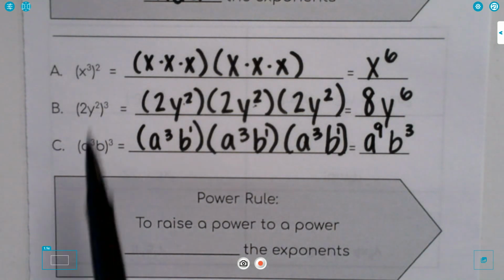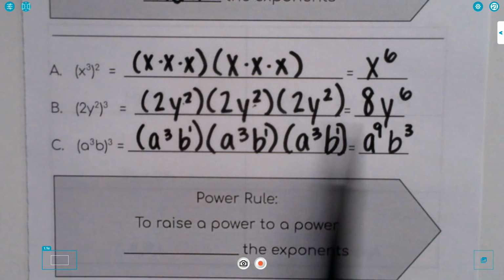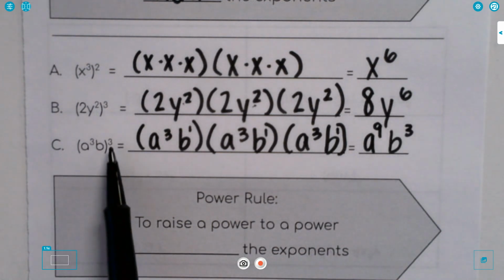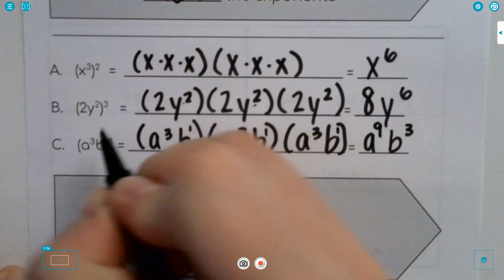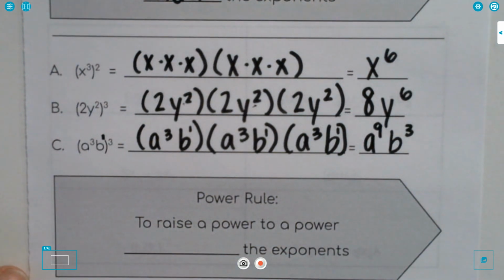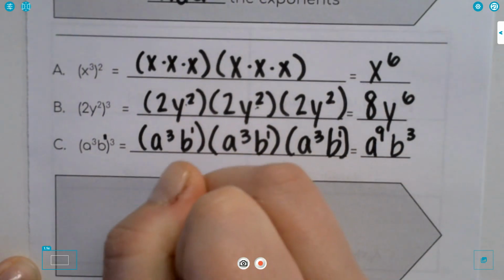How can we get from 3 and 2 to 6, 2 and 3 also to 6, 3 and 3 got us to 9, and then an imaginary 1 here, 1 and 3 got us to 3. What operation are we doing there? Multiplying. So to raise a power to a power, we are going to multiply the exponents.